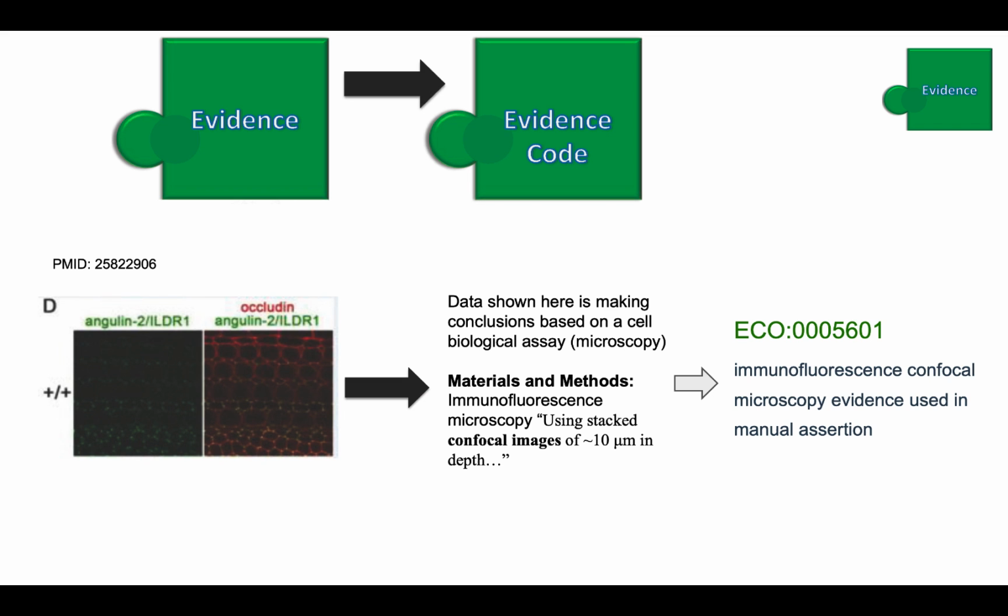They're making a conclusion about this particular protein, and we found in the materials and methods that they used stacked confocal images of this particular depth, and it's immunofluorescence microscopy. And so this would be the ECO term that we would use. We might have searched immunofluorescence, and we also had to specify that it was confocal microscopy and manual assertion. So that's how you would narrow that down.